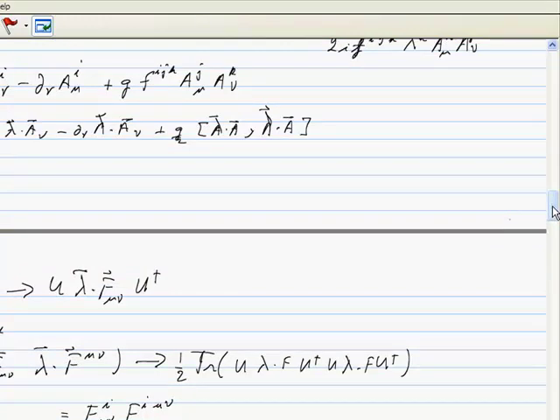Let's see if I can keep them both on the page at once, with F being this and D being the usual covariant derivative, which you probably hold in your head.